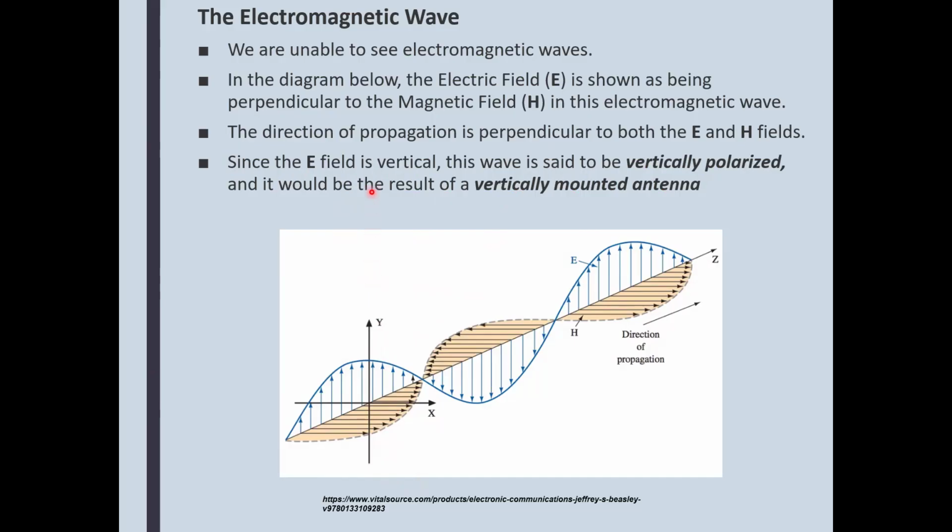It could be one part of the antenna goes up and down, and then there's an insulator, and then there's the other part, or sometimes the ground is being used as the other half of the antenna.